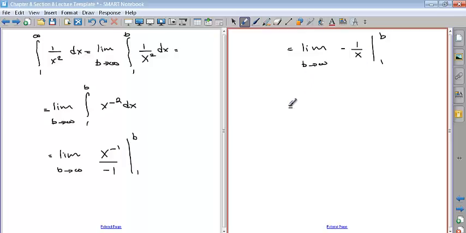Okay, now we plug in the limits of integration. So the answer is negative 1 over b minus a minus, so you're subtracting the lower limit. You're evaluating the function at the lower limit. And here, again, negative times negative, so this becomes positive 1.